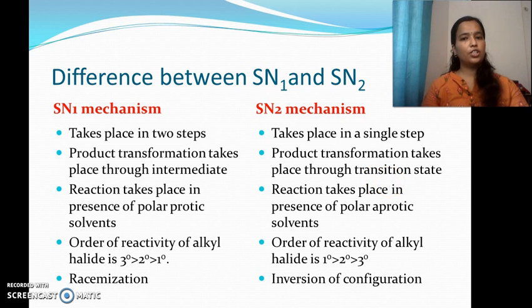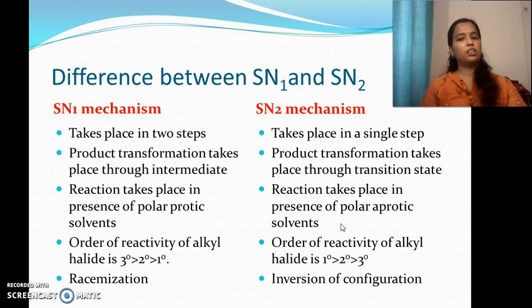The transition state is unstable, it cannot be isolated, because the carbon atom is attached to 5 other atoms or groups. Now the third point is, SN1 mechanism reaction takes place in presence of polar protic solvents, whereas in SN2 mechanism the reaction takes place in polar aprotic solvents.